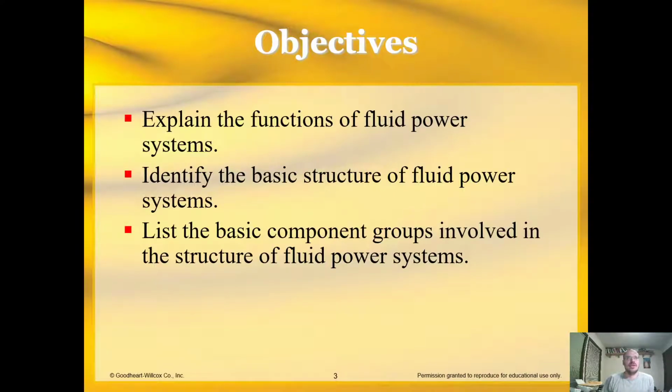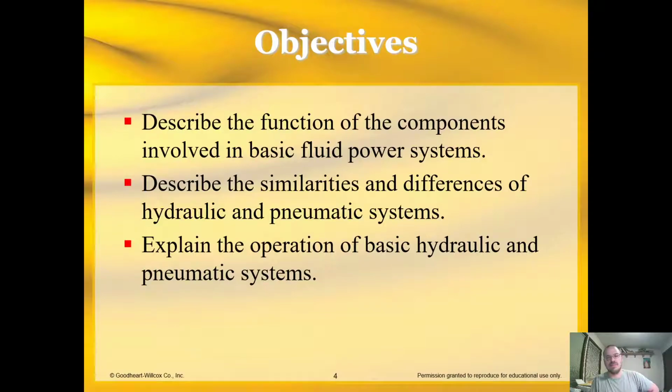Alright, so the objective of this is really to give you the overall view of what's involved in a fluid power system. The objectives here: explain the function of fluid power systems, identify the basic structures of fluid power systems, list the basic components and the component groups involved in the structures of fluid power systems, so the basic work performers and control devices.